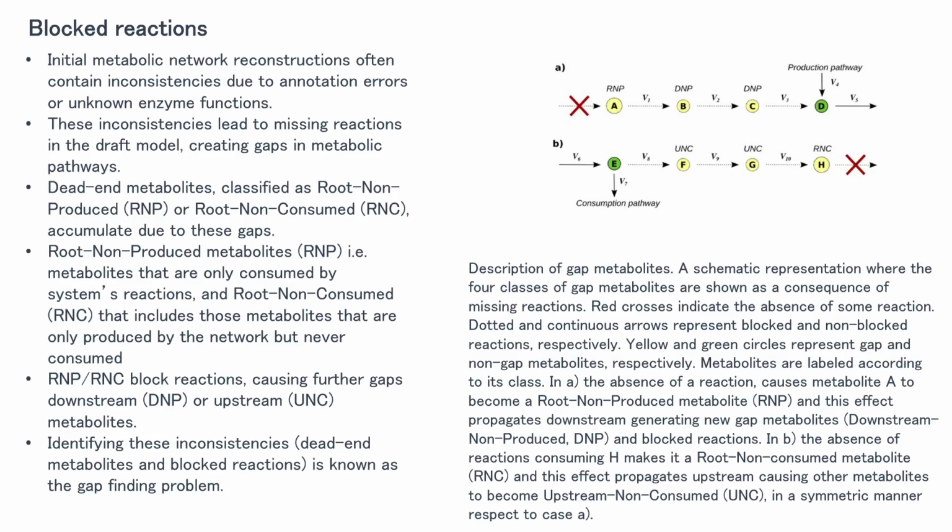If you see, the red crosses indicate the absence of some reaction. These dotted and continuous arrows represent blocked and non-blocked reactions. So basically, these dotted arrows are all non-blocked. The solid arrows are basically blocked reactions. Yellow and green circles represent gap and non-gap metabolites respectively. Metabolites are labeled according to their class, so this is RNP, this is RNC, etc. So basically, here also the issue is you do not have enough information.